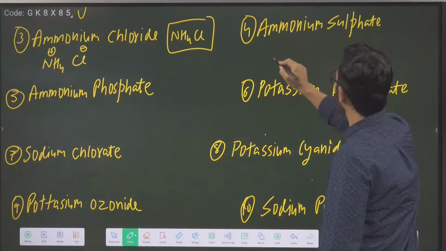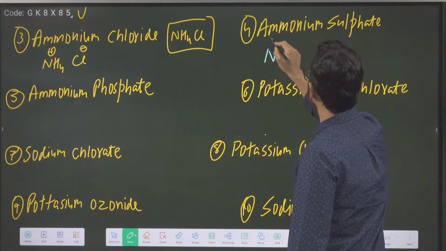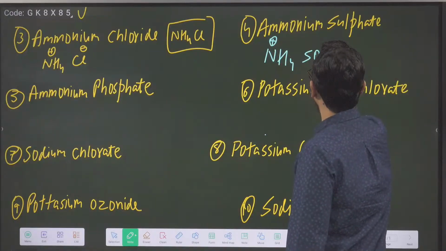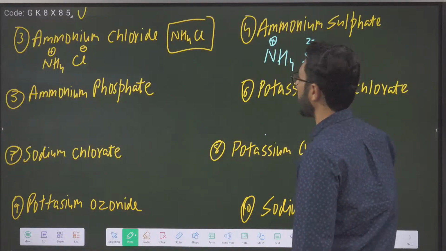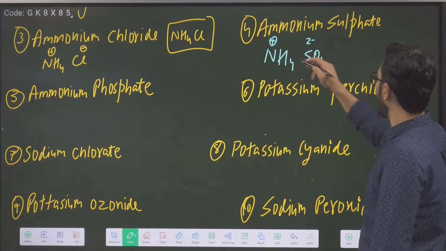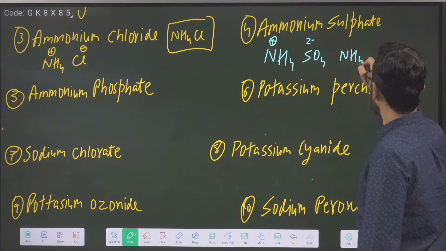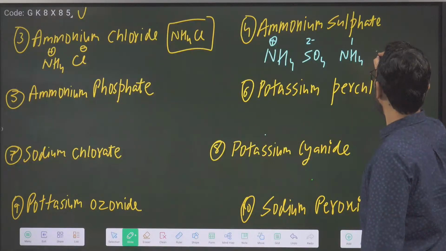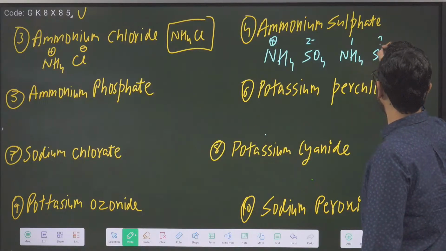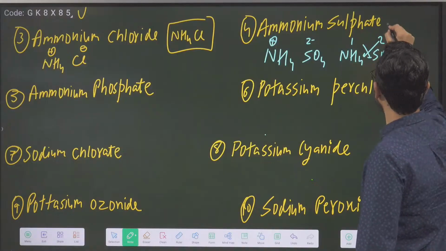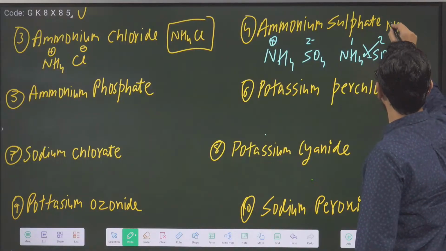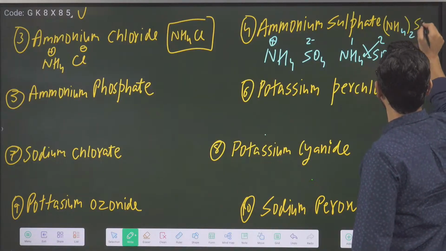Next one, ammonium sulfate. NH4 plus and SO4 2 minus. Written net charge on NH4 and here on SO4, crisscross method. The answer will be NH4 twice SO4.